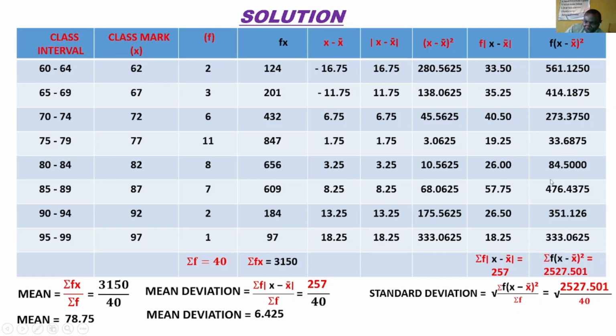If you divide this value by 40 and find the square root, you will end up with 7.9491. Again, in the question, we're asked to take this value to 2 decimal places. So if this is corrected to 2 decimal places, we are supposed to have 7.95.